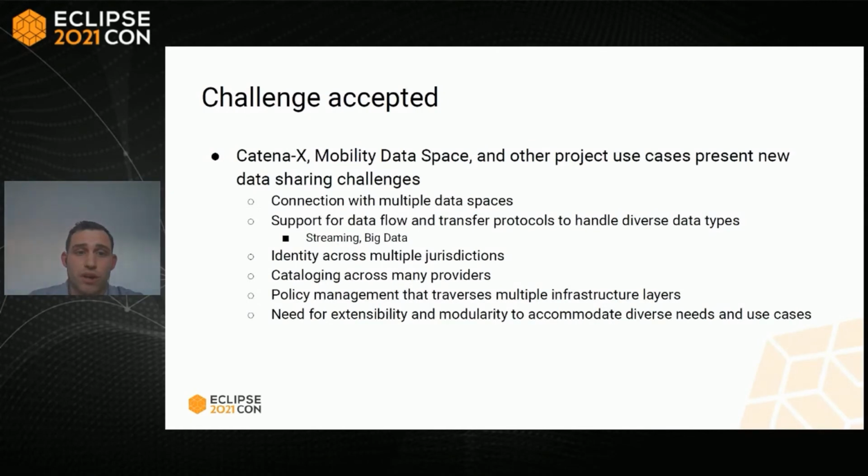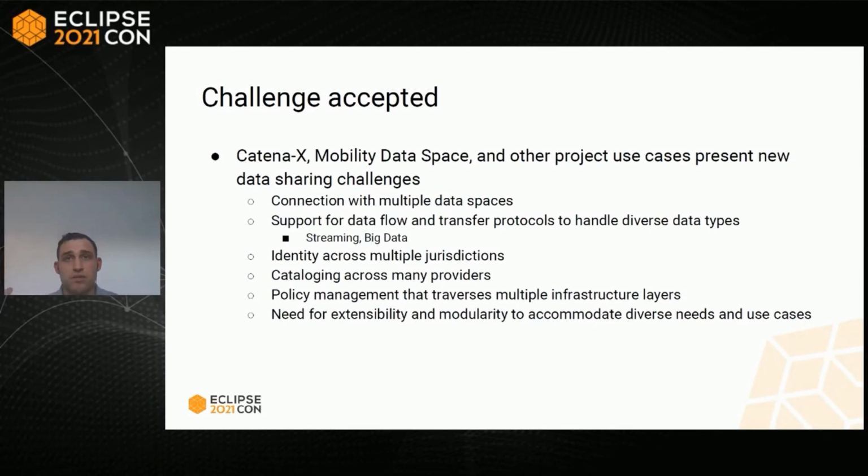So it shows we have to connect multiple data spaces. We have to support different transfer protocols. So of course, every data space could have other requirements for sharing the data. Identity is handled across in multiple ways. The catalog could be handled in multiple ways.